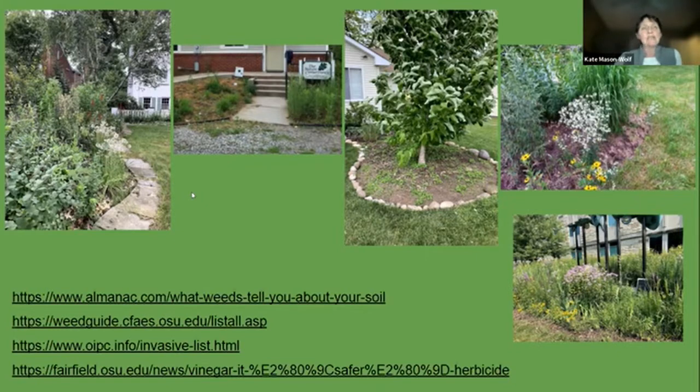So herbicide is always an option. There are a couple of different ways to apply herbicide. You can use the chemicals manufactured that are sold at stores, such as glyphosate, or there are some specific to grass that won't kill broadleaf, so they won't kill many of the plants in your garden, but they'll kill grass.